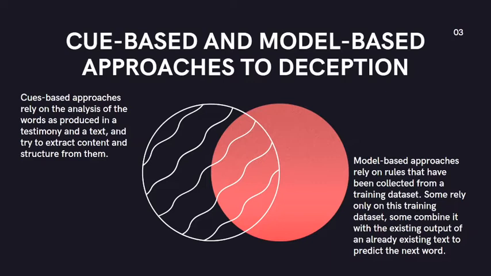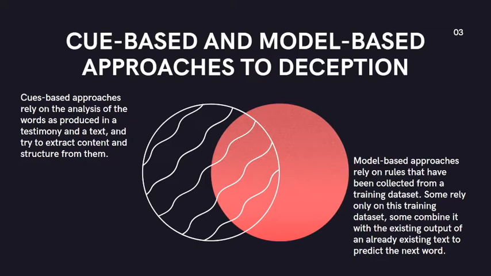Cue-based approaches rely on the analysis of the words produced in a testimony, in our case generally, or a text, which I'm going to give an example of a little bit later, and they try to extract content and structure from those words. So those are really superficial analyses. We use the words that are used to try to extract some psychological insights about the person who is speaking, and ideally, try to detect deceit somewhere.